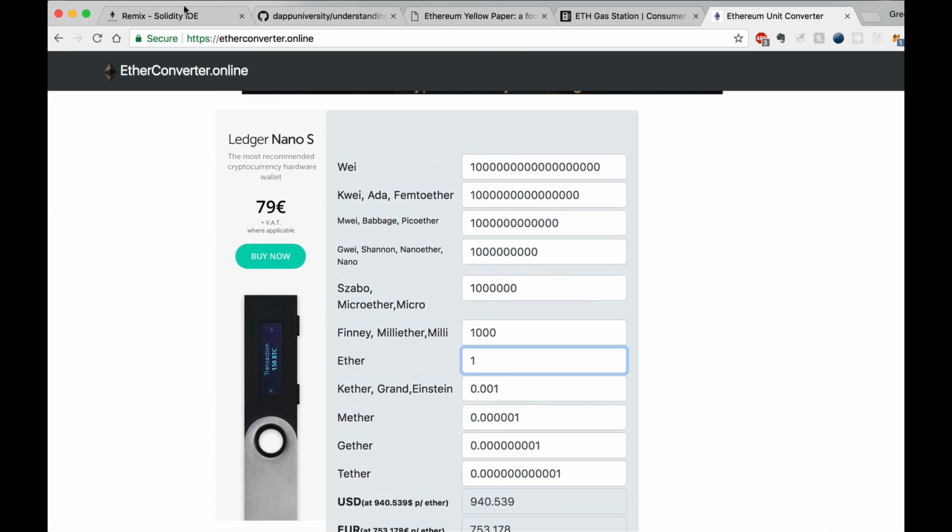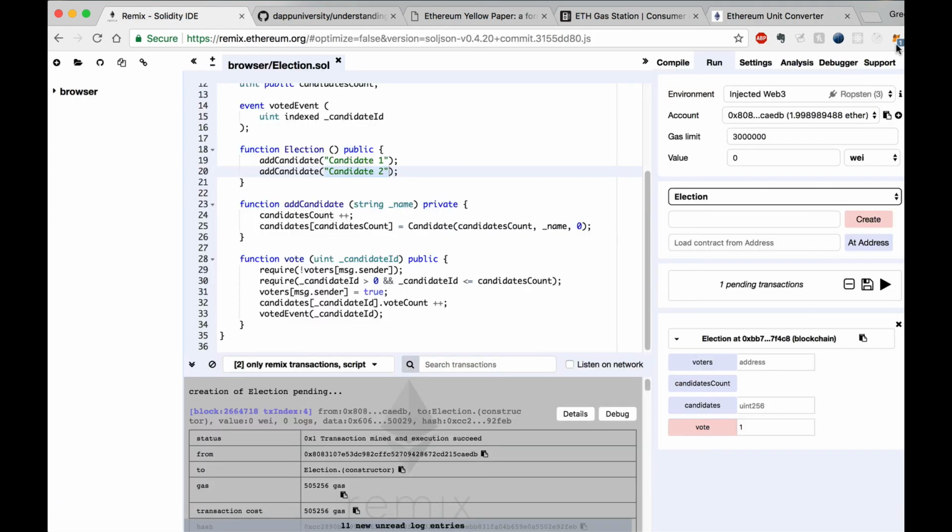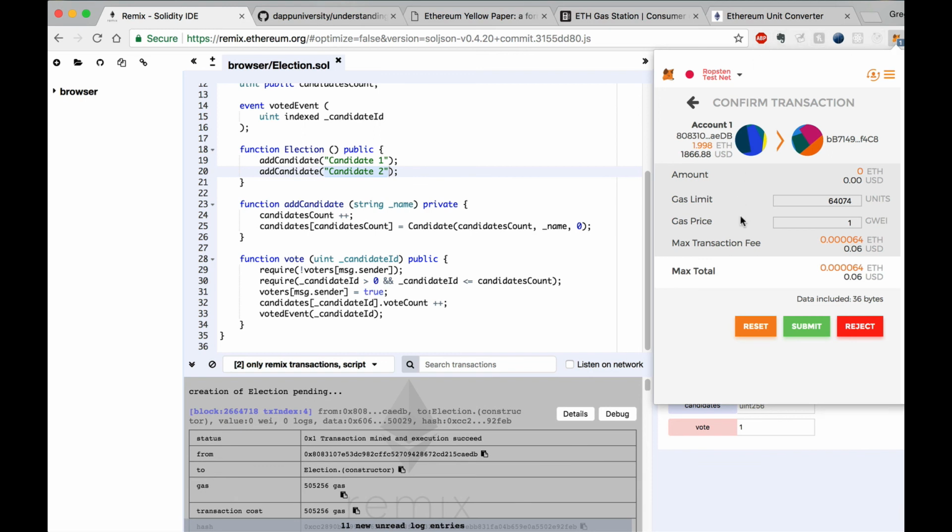So if we go back to Remix and we try to make our transaction, we can see that the gas price is going to be expressed in Gigawei. And so if we multiply the number of units of gas by the Gigawei value, then that turns into this much Ethereum. And MetaMask has conveniently converted that to US dollar for us.